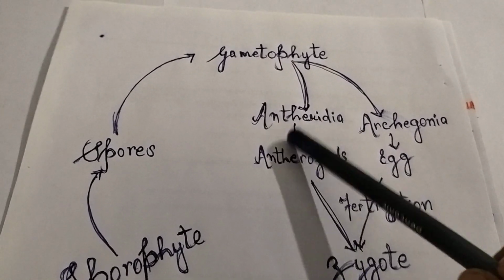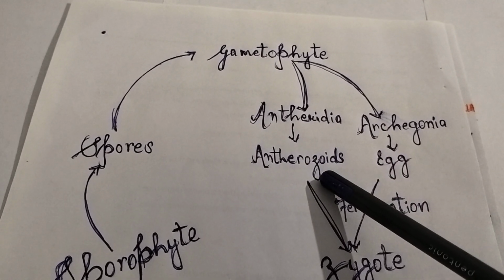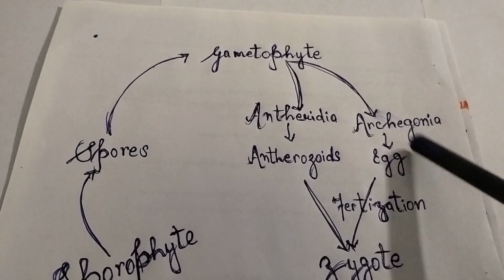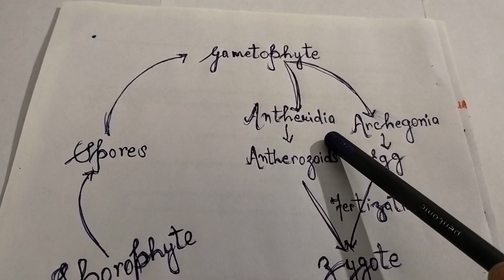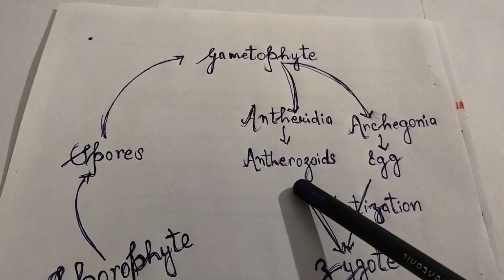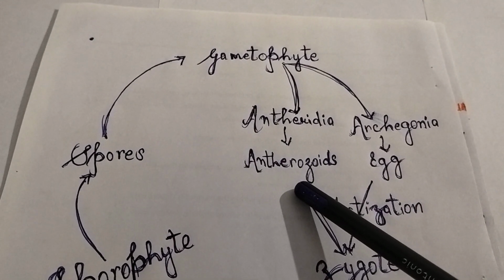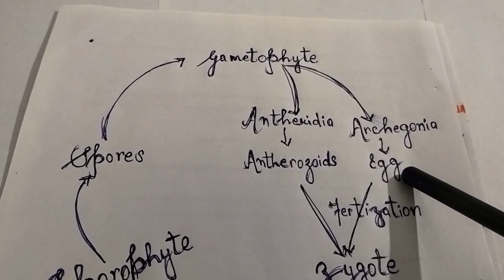Now what will happen? Antheridia, the male sex organ, will produce male gametes and archegonia, the female sex organ, will produce female gametes.